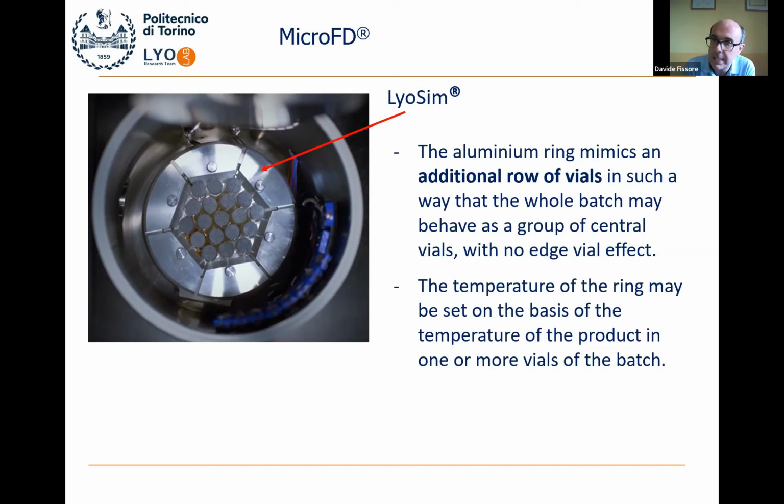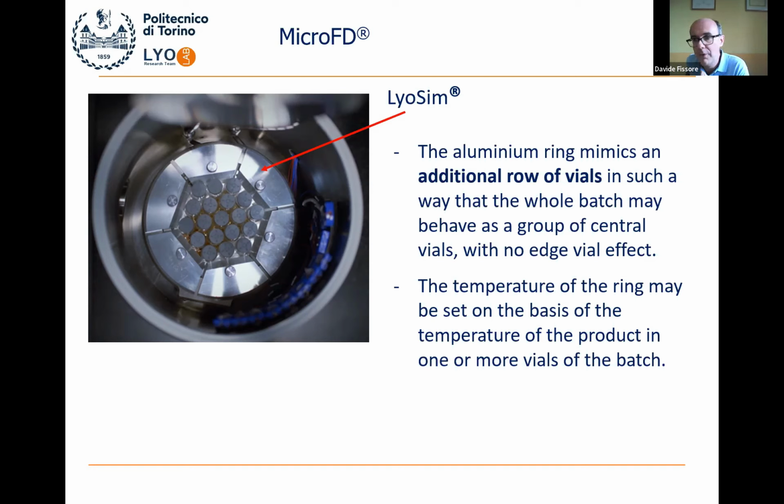And in this way, you may reproduce what? Well, in principle, the role of the aluminum ring may replicate the role of the edge vials. If you set properly the temperature of the aluminum ring, the dynamics that you are investigating in MicroFD will be the dynamics of the vials in central position in the larger scale equipment.